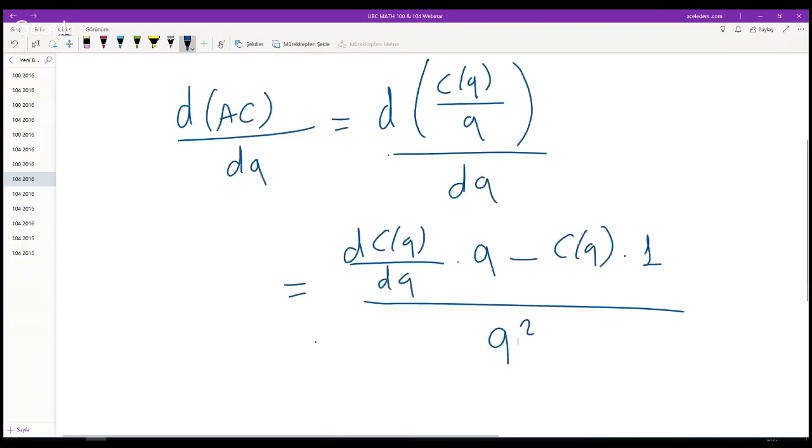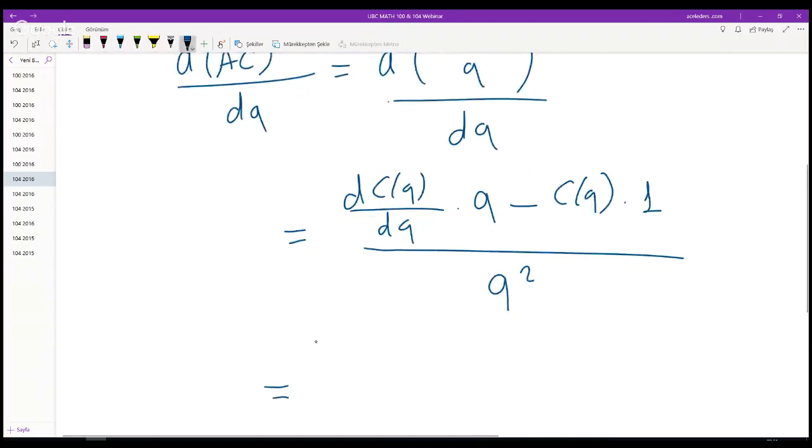Okay? So what is the derivative of the cost function with respect to Q? It is the direct definition of marginal cost.